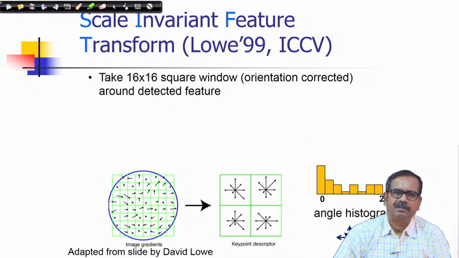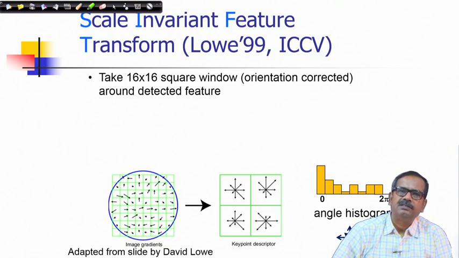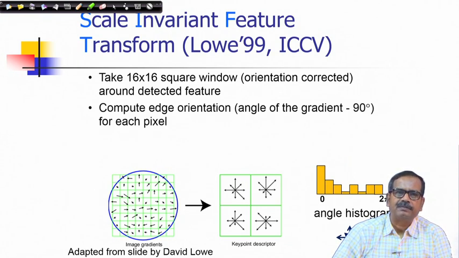And then in that rotated image, you take a 16 cross 16 square window, and let us see how the local statistics are accumulated for these descriptors. There are some diagrams, I will be explaining them.